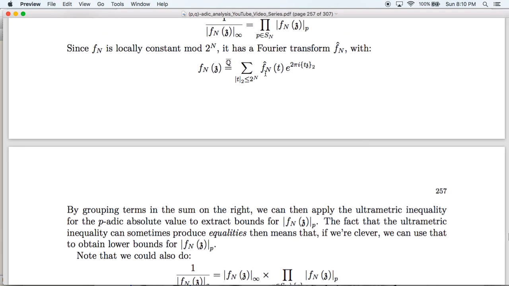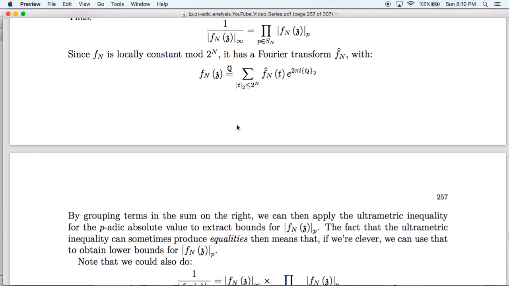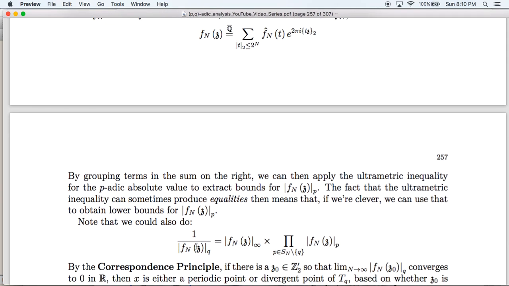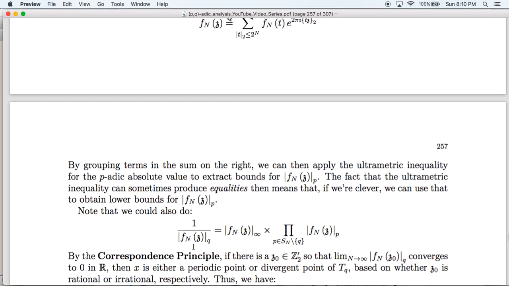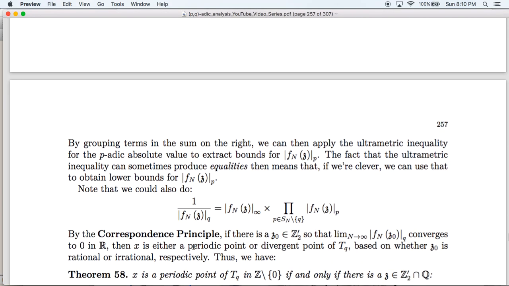Note that we can also do the following setup, where instead of considering the real absolute value, we consider the q-adic absolute value. And here we can directly apply the correspondence principle.